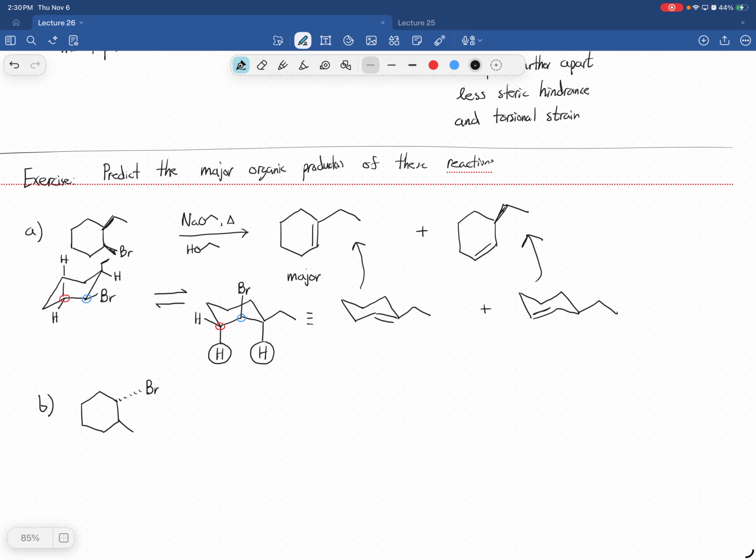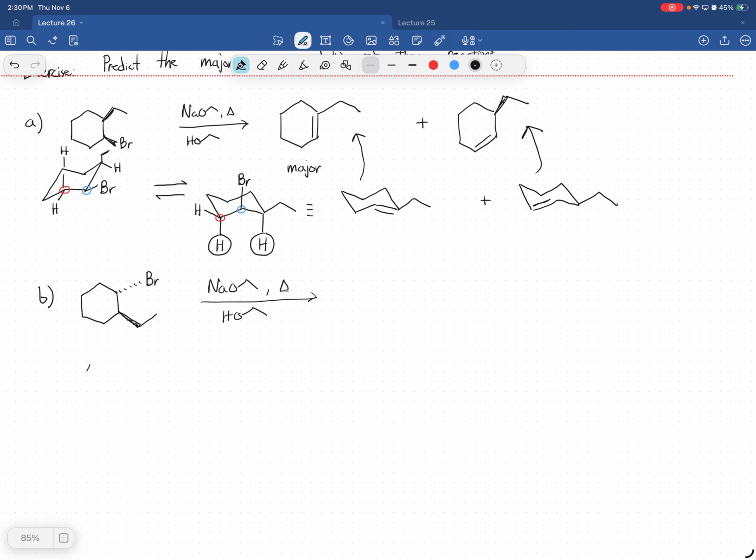So where does the double bond form? Is it in between where the bromine was and the ethyl, like the first example? No. All right. So again, I would recommend you draw a chair.